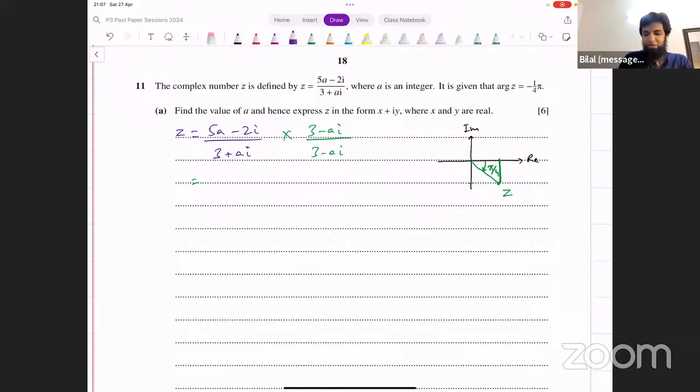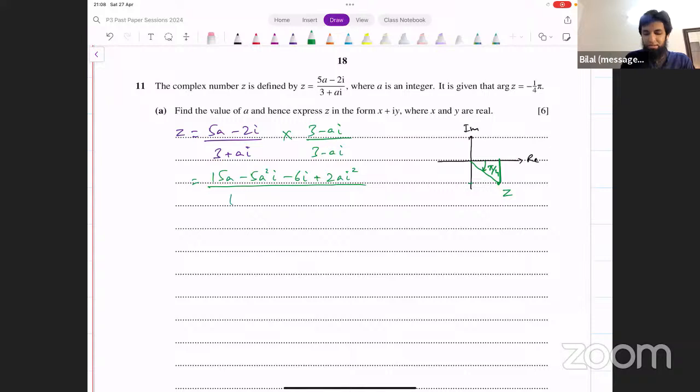Okay, now let's simplify this first. In the numerator, we get 5a into 3, that's 15a. 5a into minus a iota, that's minus 5a squared iota, minus 6 iota, plus 2a iota squared, whole divided by 3 plus a iota into 3 minus a iota, that's (a plus b) into (a minus b).